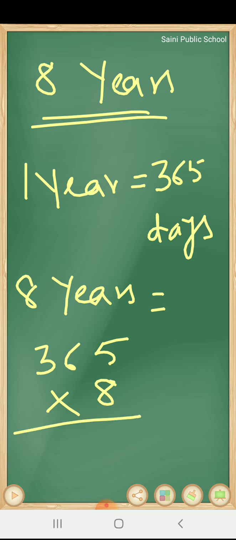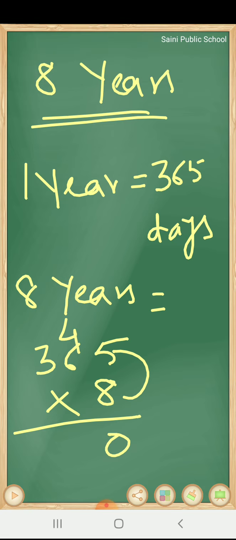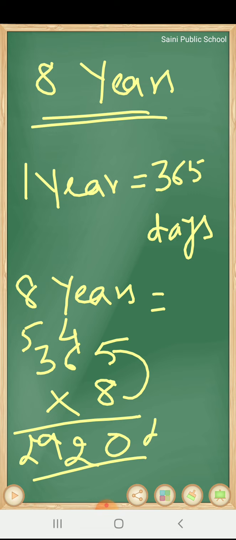Now start doing multiplication from the right side. 8 fives are 40, 0, carry 4. 8 sixes are 48, 48 plus 4, 52, so 2, carry 5. 8 threes are 24, 24 plus 5, 29. So we get 2920, means 2920 days.